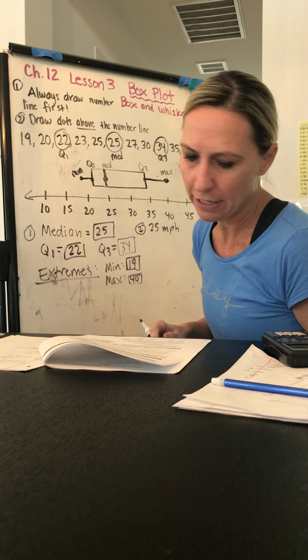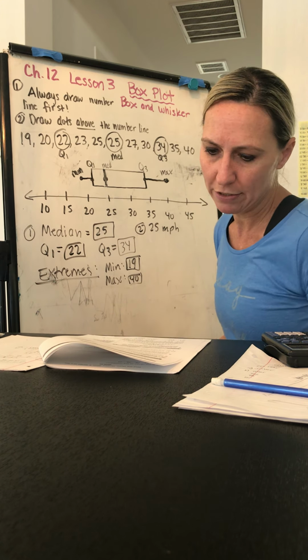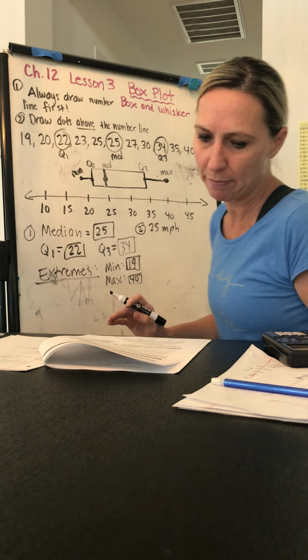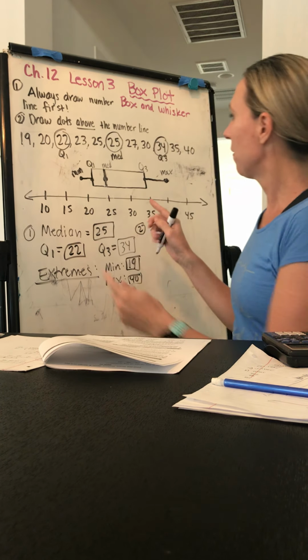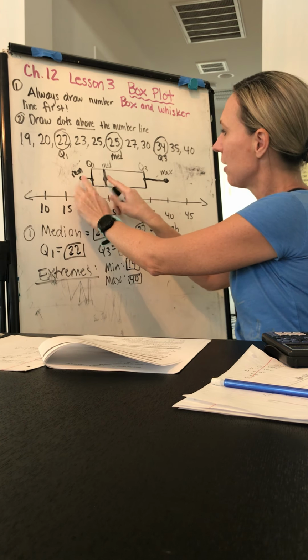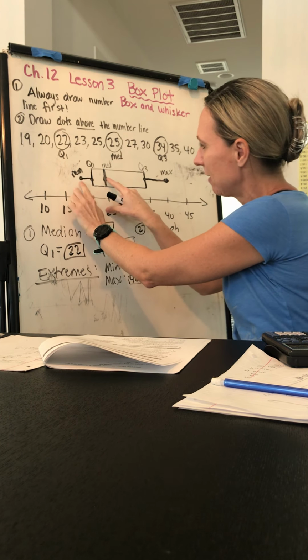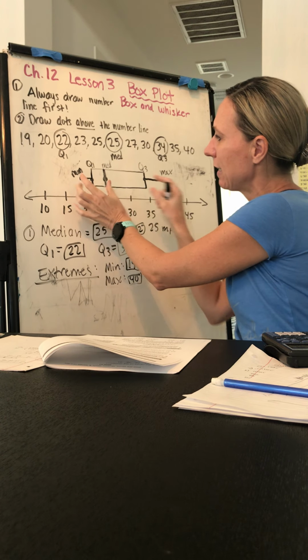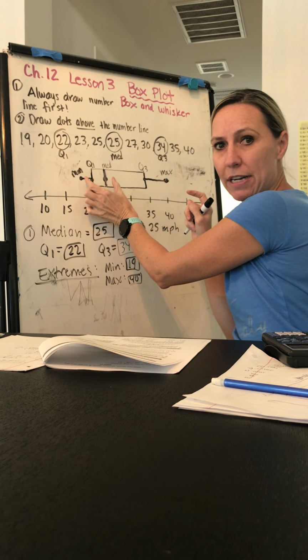And then number 3, it says, what does a box length tell us about the data? So on this side, if you go from the minimum to the median, do you see how it's all squished like this? So basically, the data is more concentrated here.